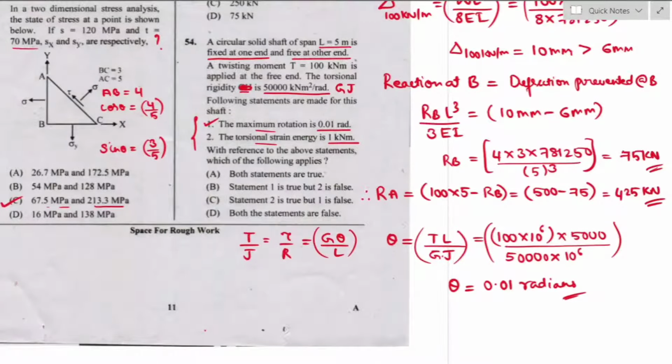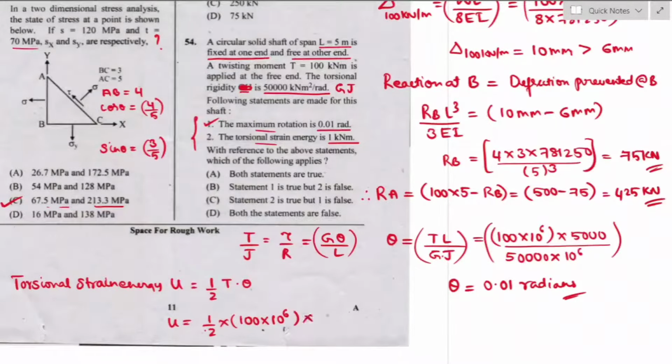Now we have to find the torsional strain energy. Twisting moment is 100 kN meter, so 100 into 10 to the power of 6. Angle of rotation is 0.01 radians. On solving this, the torsional strain energy will be 0.5 kN meter.